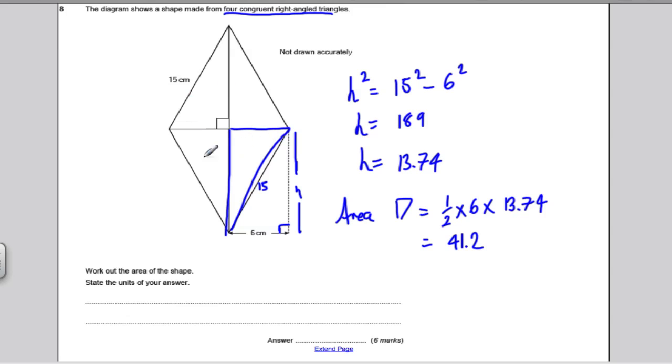But each of these triangles is the same, and we've got 4 of them, so total area must be 4 times 41.2, and you get the answer 165 centimeters squared.